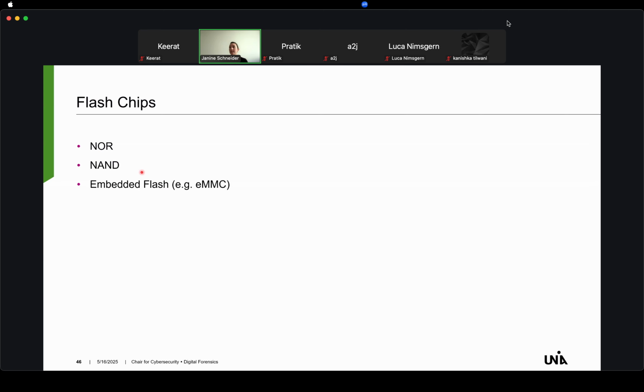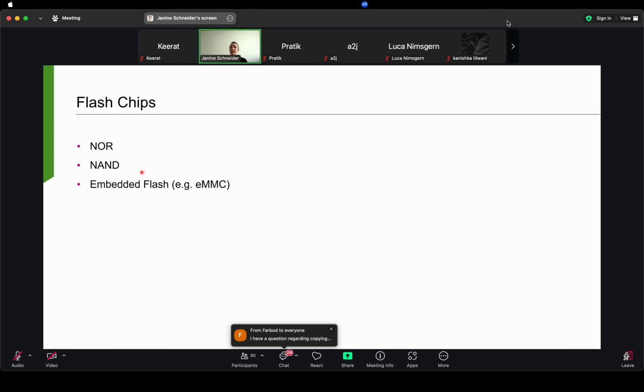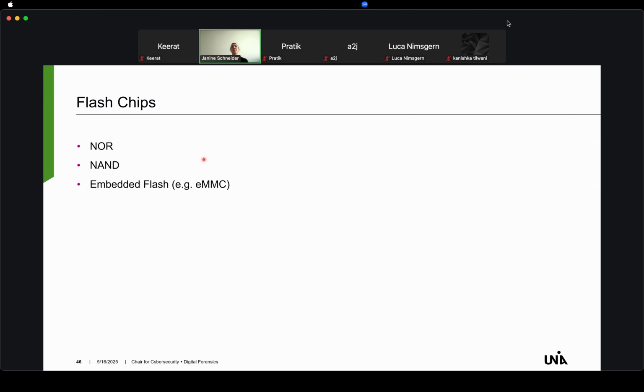Because, as I said, SSDs use it, but you can also find NAND flash chips in USB sticks, sometimes in SD cards, but in SD cards nowadays you probably find eMMCs more often. NOR flash chips are more expensive, but also faster for direct readout.